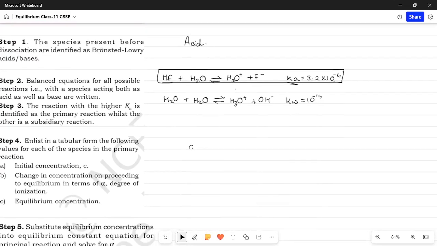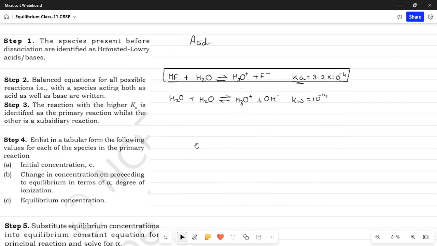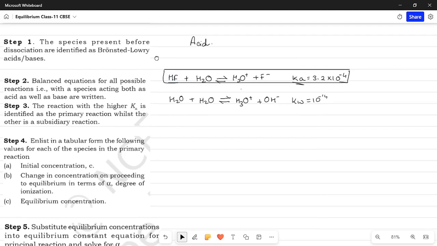Step 4 is to enlist in a tabular form the following values of each of the species. Essentially we have to write all of these down in a tabular form. We need the initial concentration, the change in concentration on proceeding to equilibrium in terms of alpha, which is the degree of dissociation, and the equilibrium concentration.